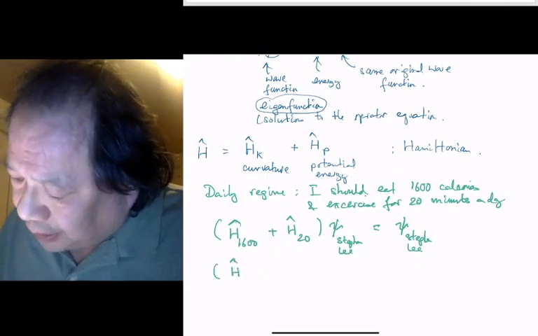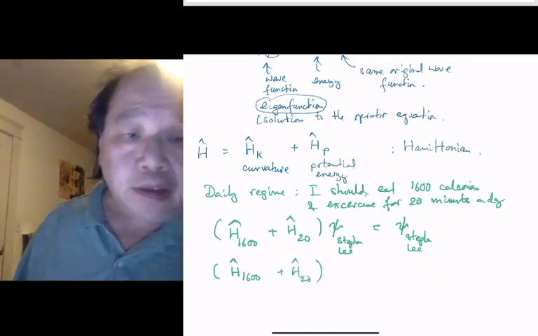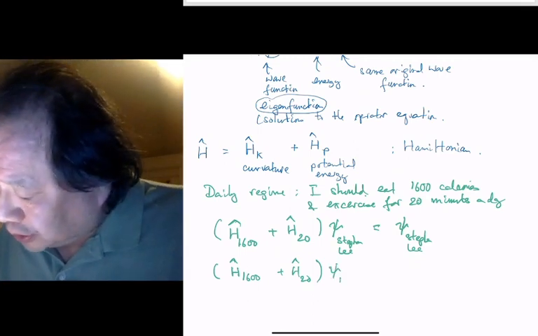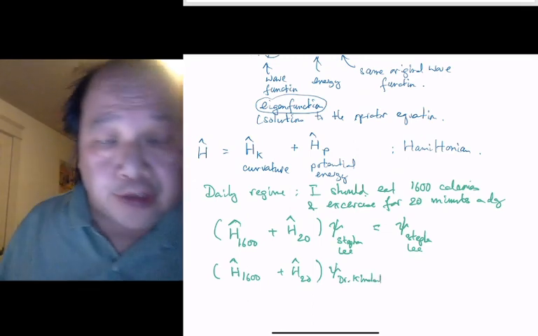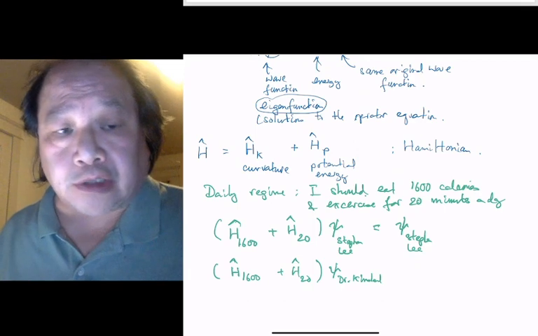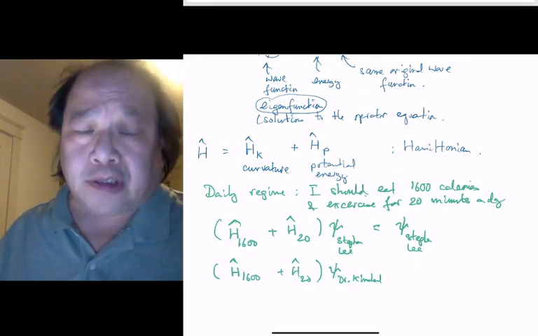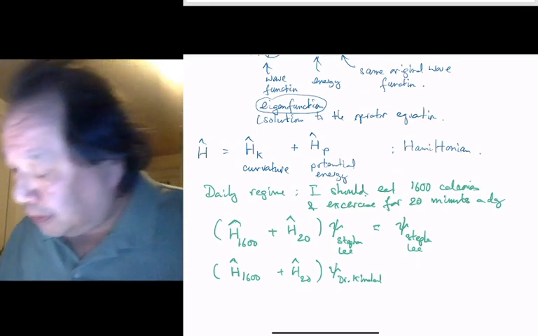But does that mean that everyone who eats 1,600 calories and exercises for 20 minutes comes back the same? Let's try Dr. Kinsland. If she has 1,600 calories and 20 minutes of exercise, is she going to be back the same person the next day? You know, she's a parent of 3 children. I don't think so.